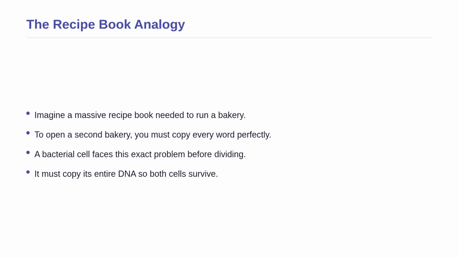To begin, let us imagine you have a massive, ancient recipe book that contains all the instructions needed to run a highly successful bakery. Now, suppose you want to open a second bakery across town. You cannot just tear the book in half. You need to copy every single word perfectly so both bakeries have the full, exact set of instructions.